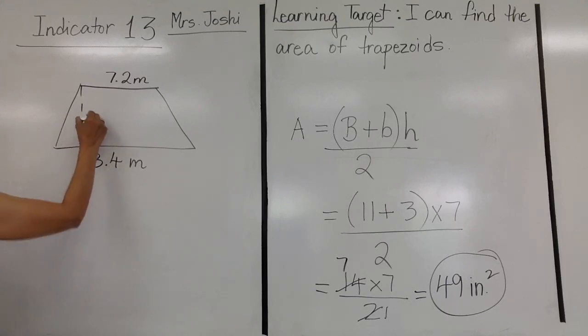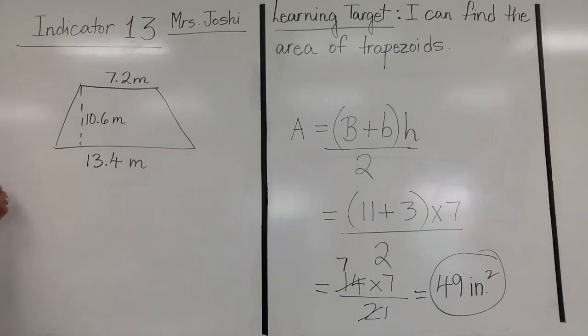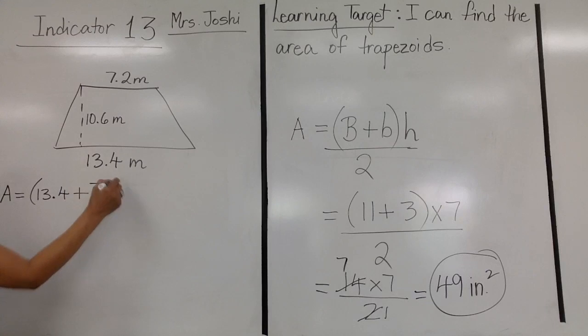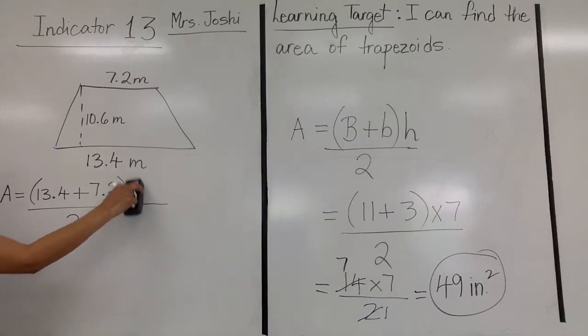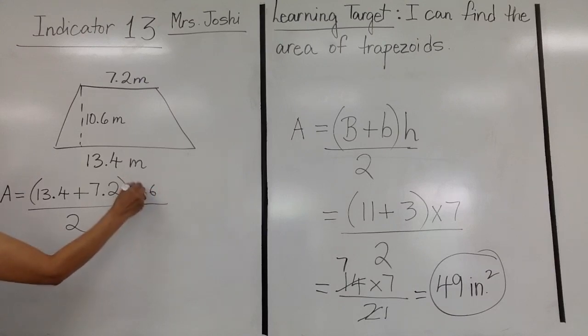And this is 10 and 6/10 meters. So again, we're going to follow the same formula. Area is equal to big base, the big base is 13 and 4/10, plus the little base, which is 7 and 2/10, divided by 2, because you're finding the average, times 10 and 6/10.